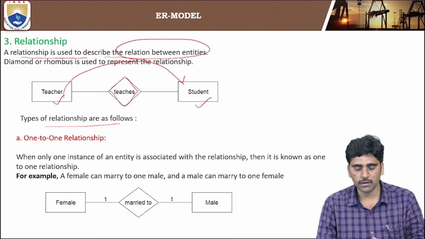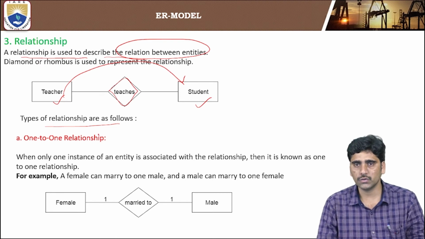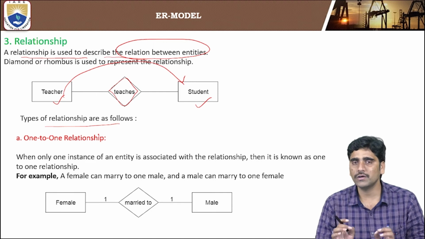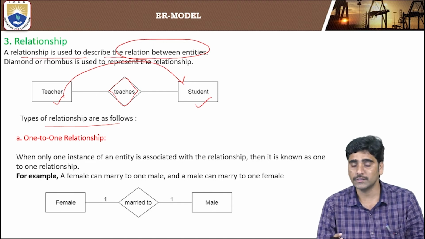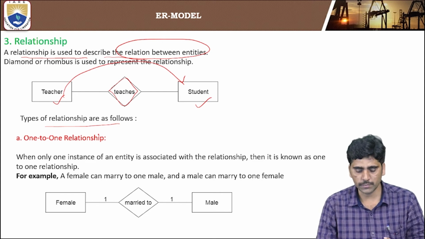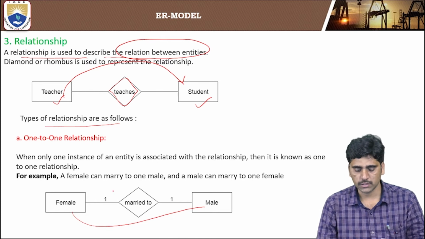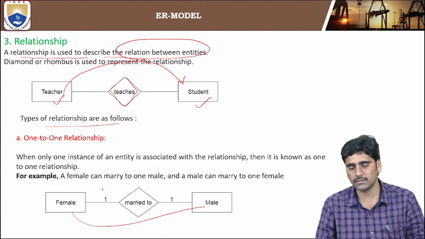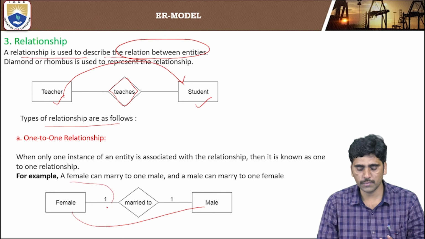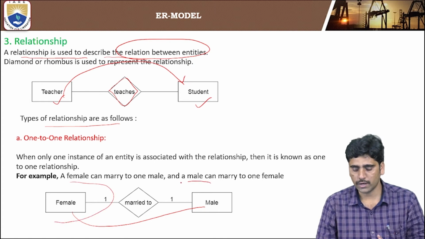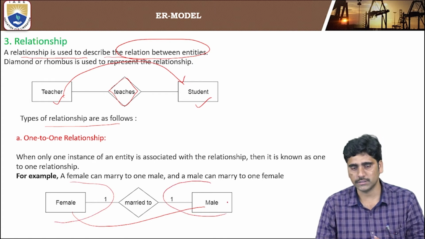First of all, the one-to-one relationship. One-to-one is nothing but only one instance on each entity, from the left side as well as the right side. The left side female has one instance, and the right side male has only one instance.